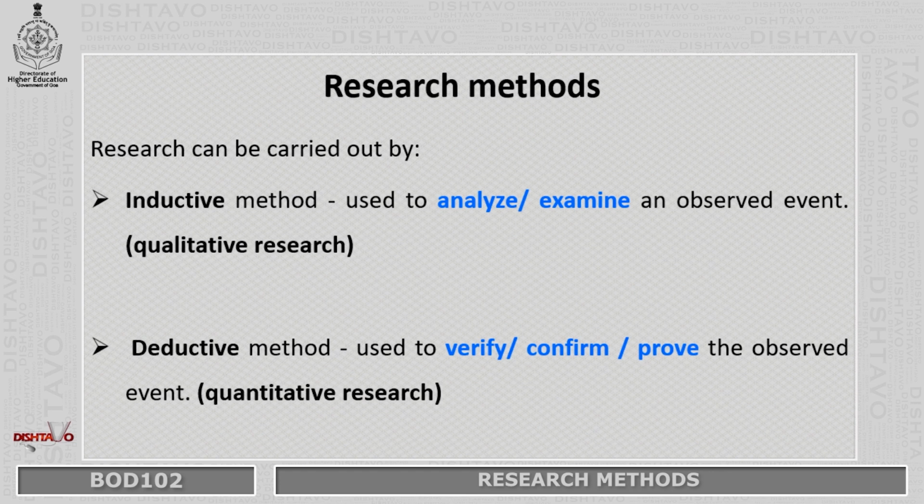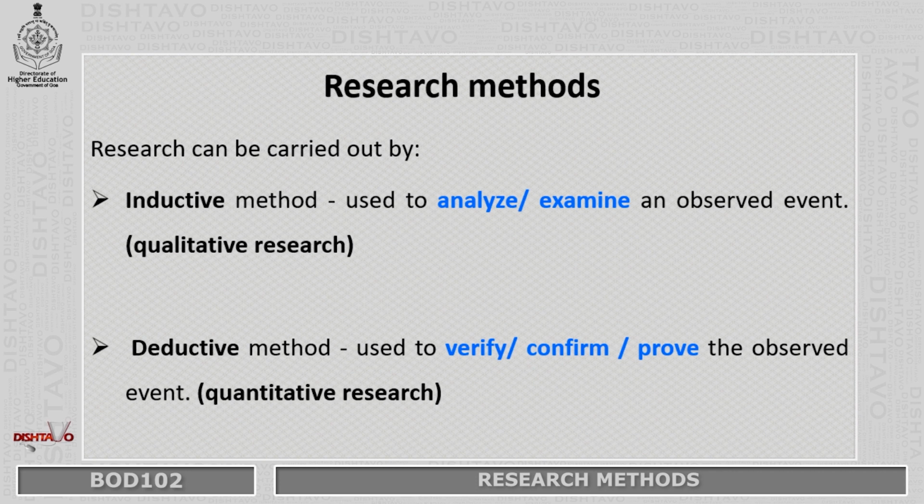Let us see the two main research methods. That is, the research is carried out either by inductive method or by deductive method. What do we mean by inductive method? Inductive method is used to analyze or examine an observed event. This is also referred to as qualitative research.